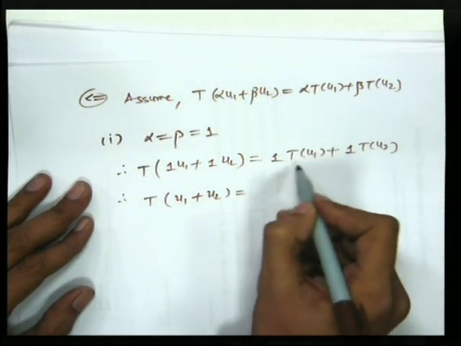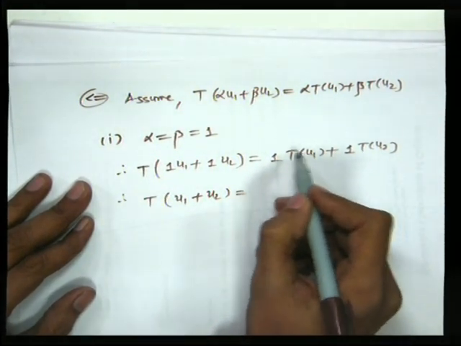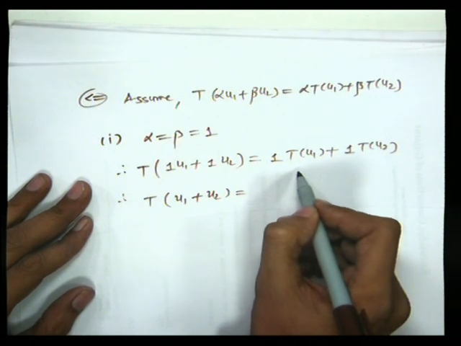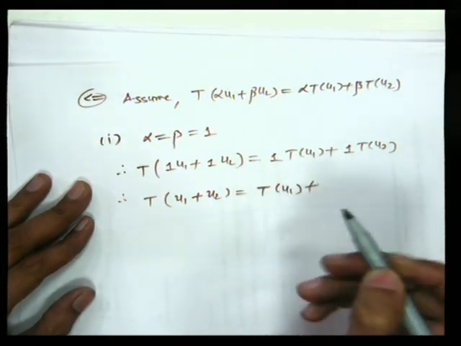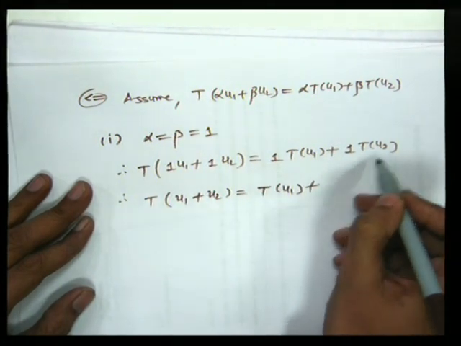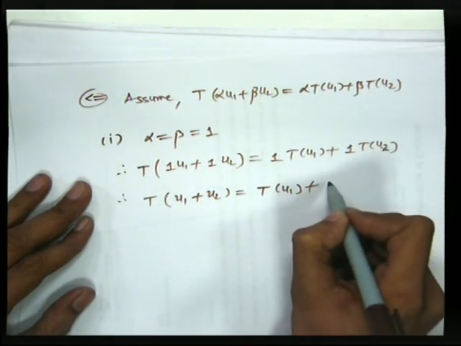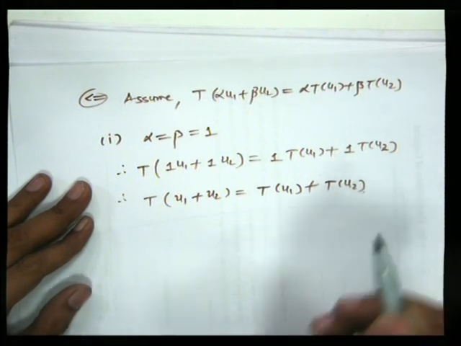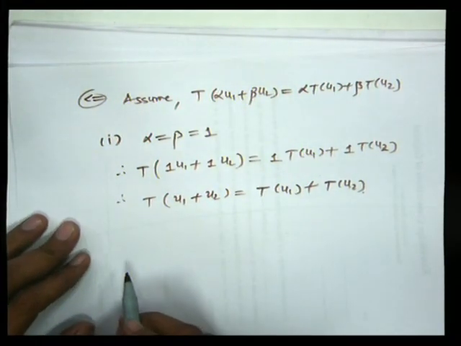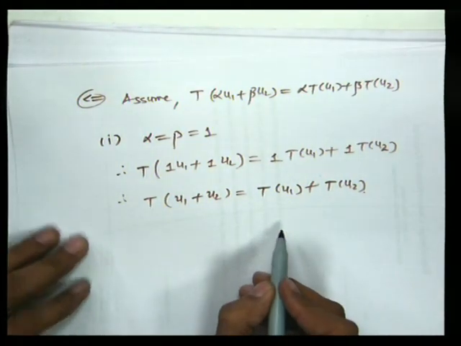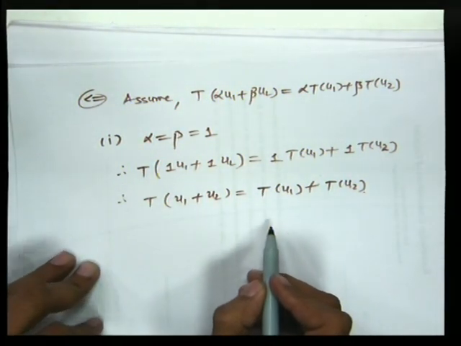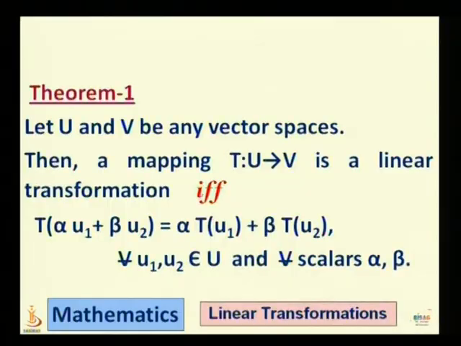Now T of u1 is a vector of the codomain space V, so 1 into T of u1 equals T of u1, and similarly 1 into T of u2 equals T of u2. So the first condition is verified: T of u1 plus u2 equals T of u1 plus T of u2 for any two vectors u1, u2 of U.